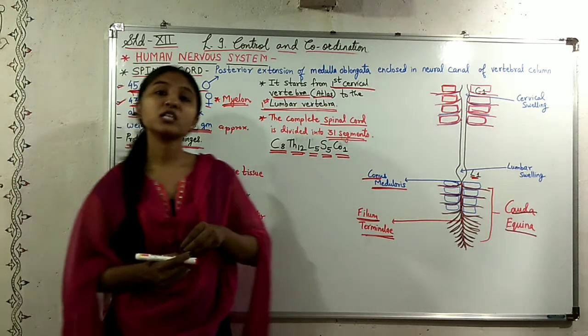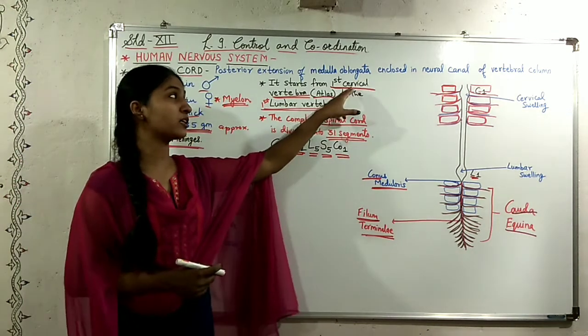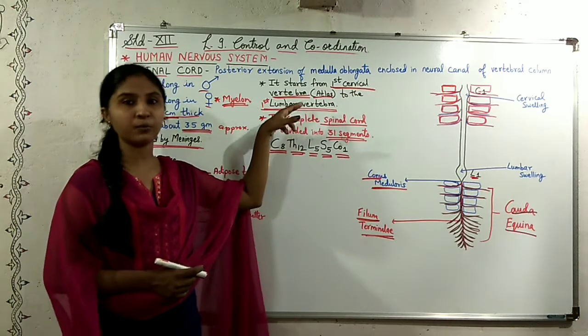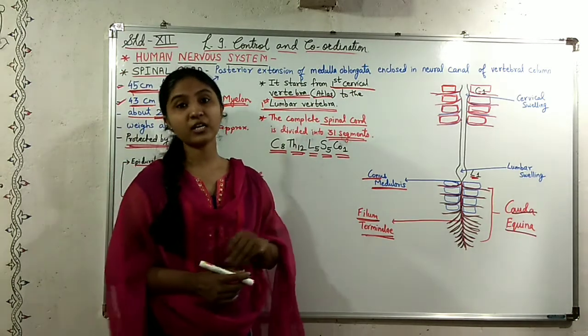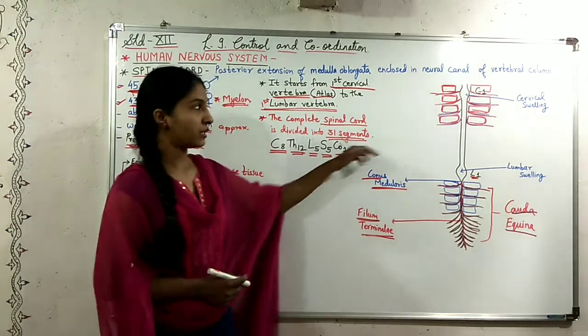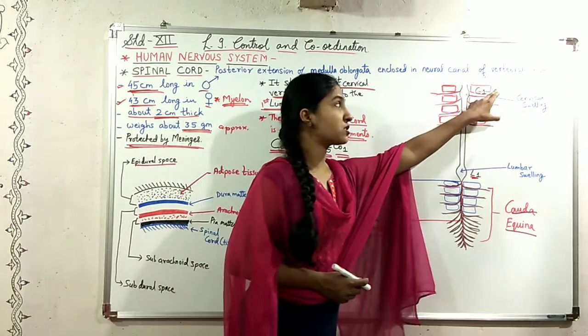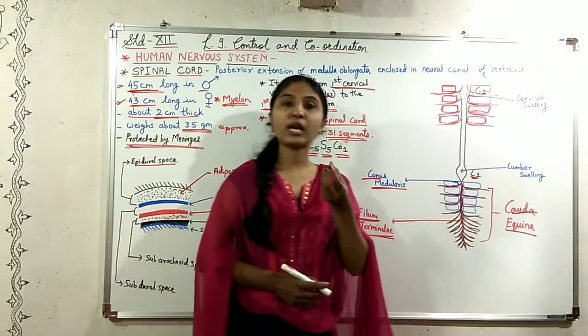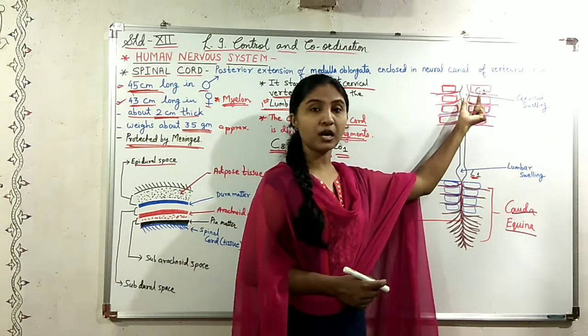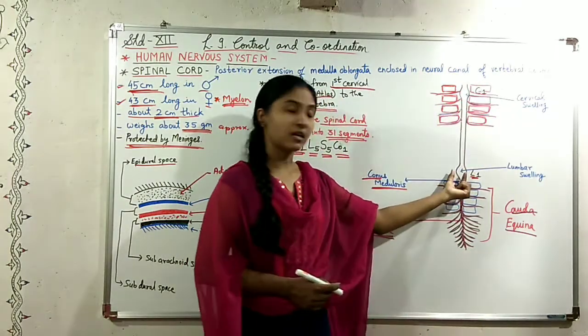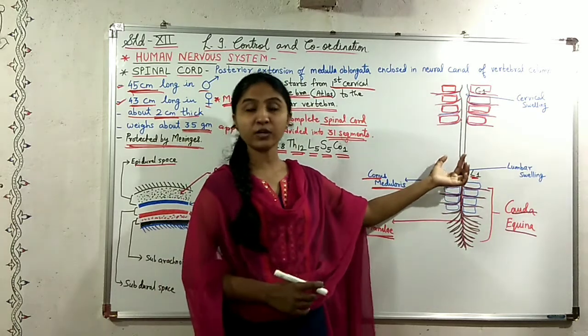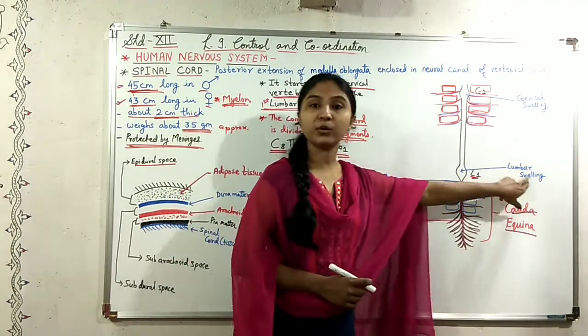The spinal cord starts from the first cervical vertebra to the first lumbar vertebra, and the complete spinal cord is divided into 31 segments. There is a swelling at the first cervical vertebra, called the cervical swelling, and another swelling at the first lumbar vertebra, called the lumbar swelling.